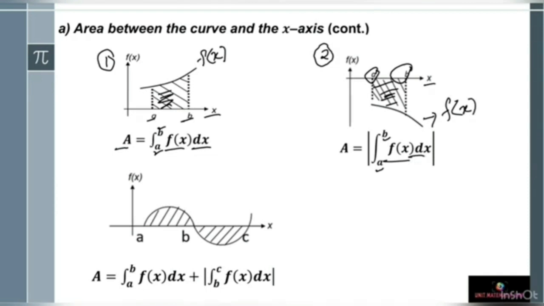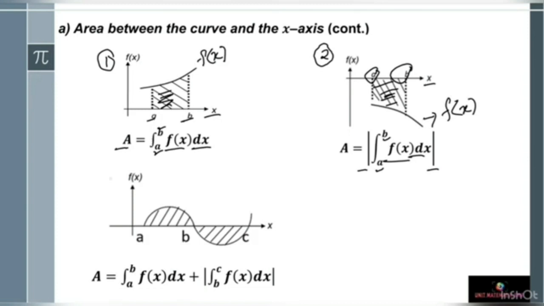You might notice here we have the modulus. We need to put the modulus, because when we integrate the region below the x-axis, we should have a negative value, but area always takes the positive value. That's why we need the modulus here.